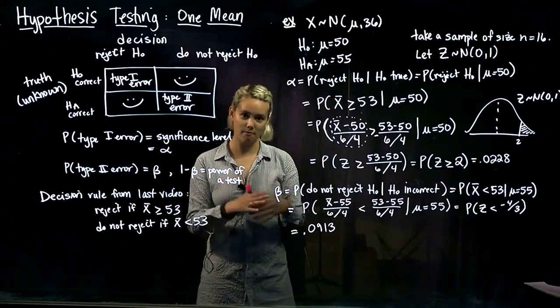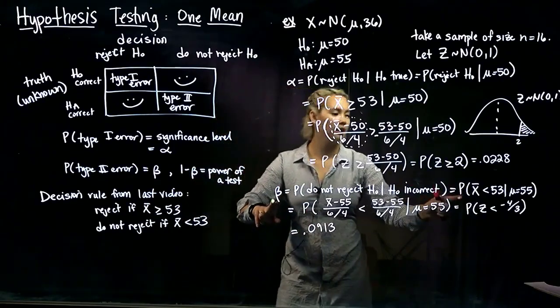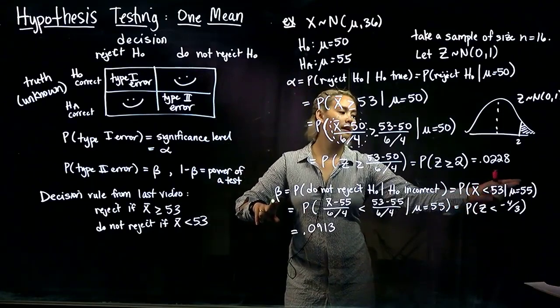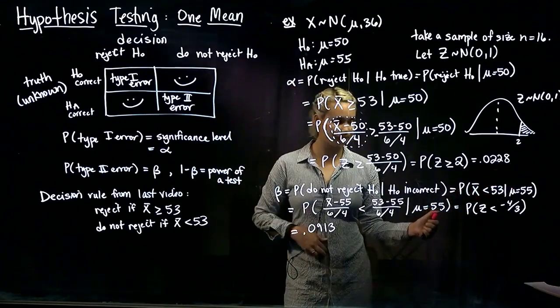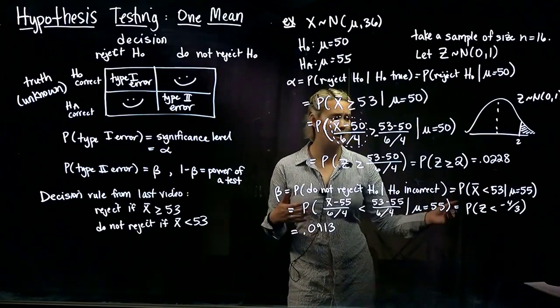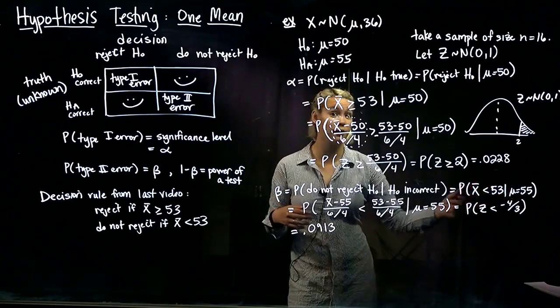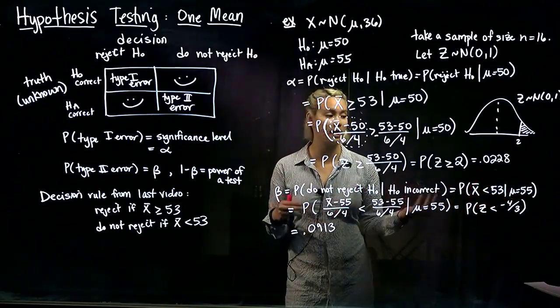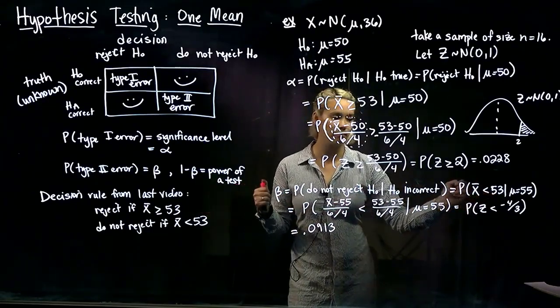All right, so our beta, our probability of a type 2 error, is the probability of seeing a sample mean less than 53, given that in reality mu is equal to 55. Okay, so it should make sense that sometimes, even if the mean truly is 55, we know there's variability in those x bars, so sometimes we're going to end up getting a low sample mean, maybe lower than 53.